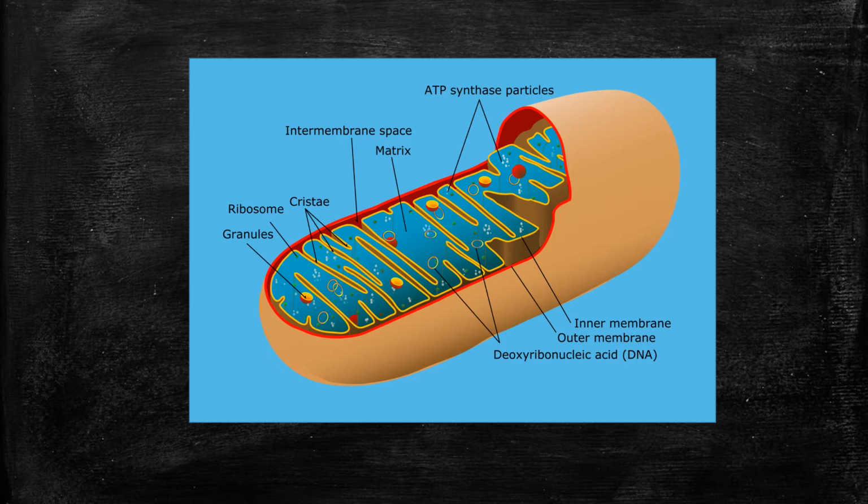Because of that, the intermembrane space doesn't look a whole lot different than the cytosol in terms of a lot of those small proteins. However, the inner membrane is highly impermeable to quite a few things. And so that makes the matrix very different from the intermembrane space.